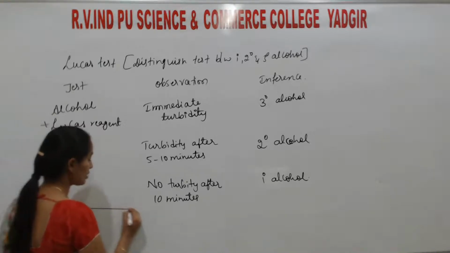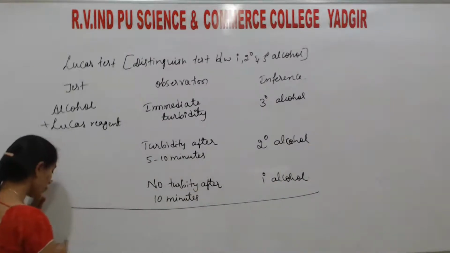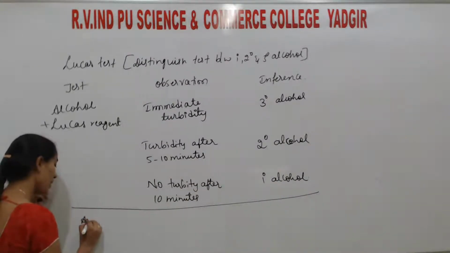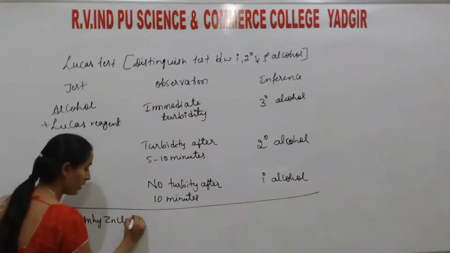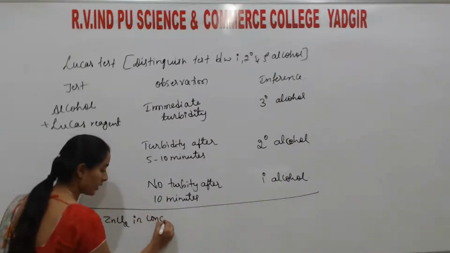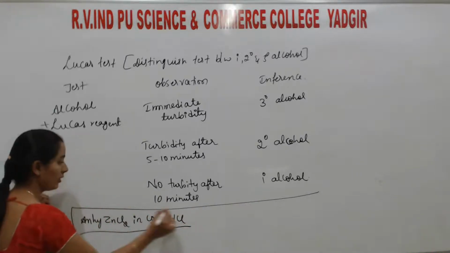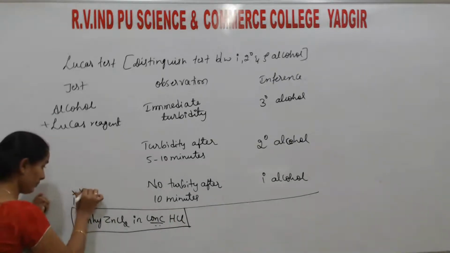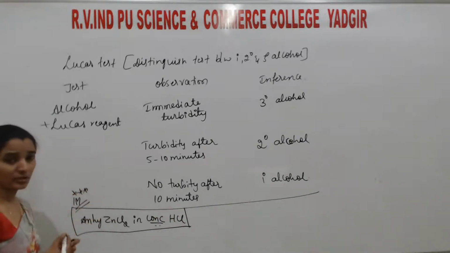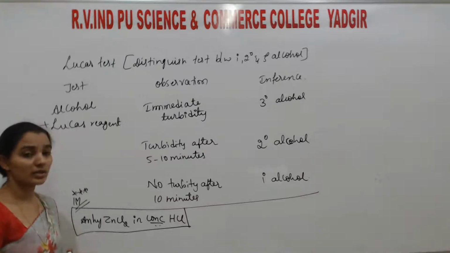So students, what is Lucas reagent? It is important for 1 mark. Listen, Lucas reagent means anhydrous zinc chloride in concentrated HCl. Important for 1 mark. In the laboratory examination, also in the viva, they may ask what is Lucas reagent.